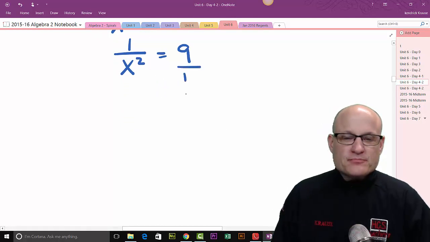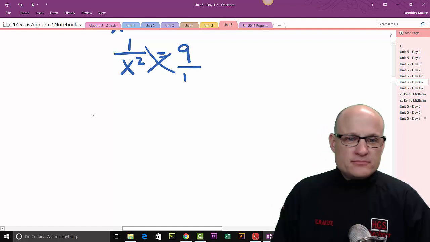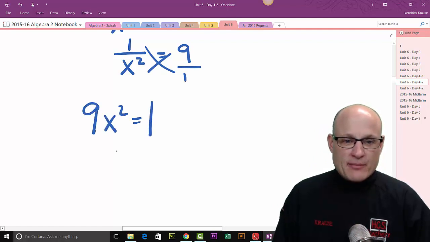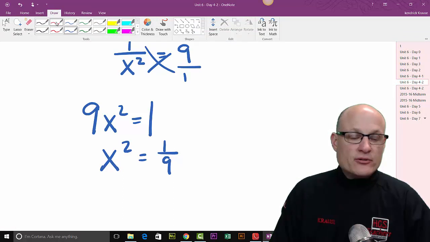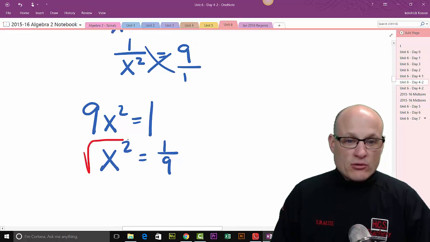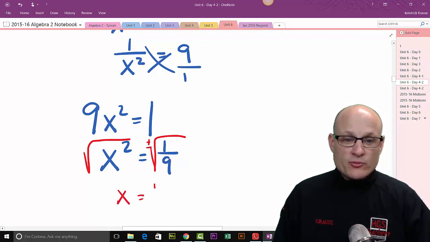So anyway, let's cross multiply. 9x squared equals 1. Divide by 9, I get x squared is equal to 1 over 9. Now, at this point, what I would do is just take the square root. When you take the square root, you've got to remember to put a plus or minus, so you get x is equal to plus or minus 1/3.